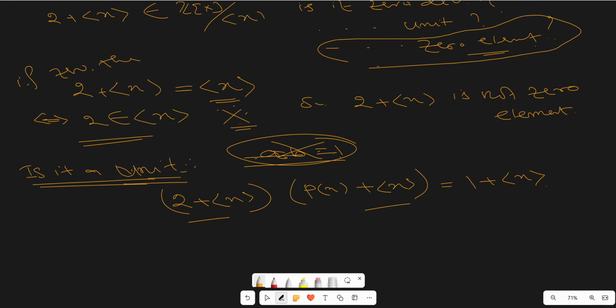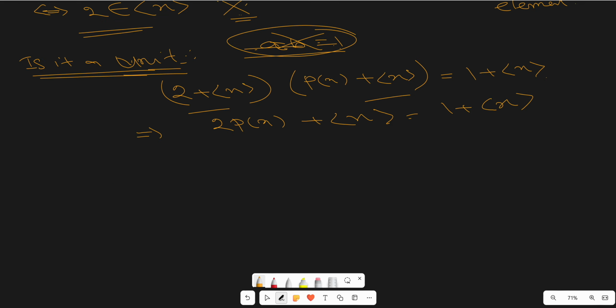So what does it mean? What is the quotient operation here? 2p(x) plus the ideal equals 1 plus the ideal, right? Two quotients are the same if and only if 2p(x) minus 1 is inside the ideal generated by x.